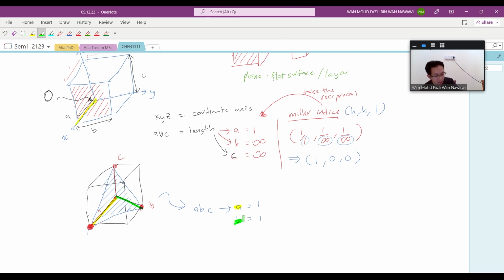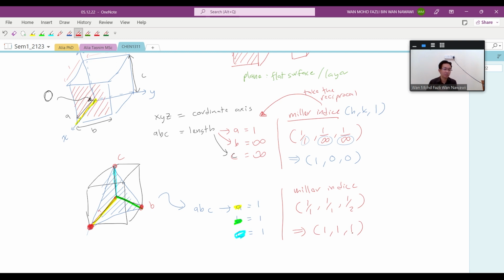So when you take the reciprocal in terms of the Miller index, you make this bracket, and then 1 over 1, 1 over 1, 1 over 1. So the Miller index is 1, 1, 1.